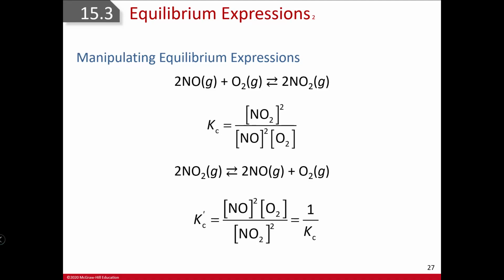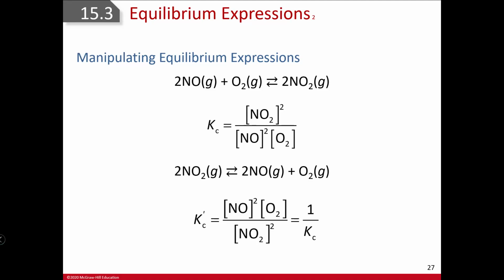So I take this equilibrium expression, which is K subscript C, for concentration, and to make this expression become this expression, I have to square everything. Square it. Not multiply it by 2, but square it.